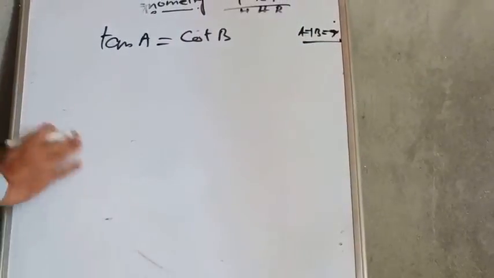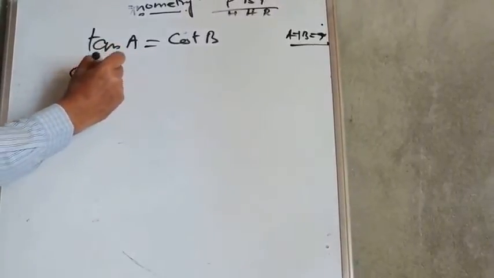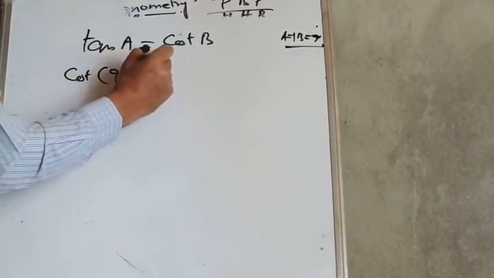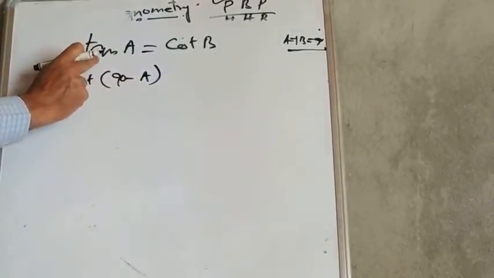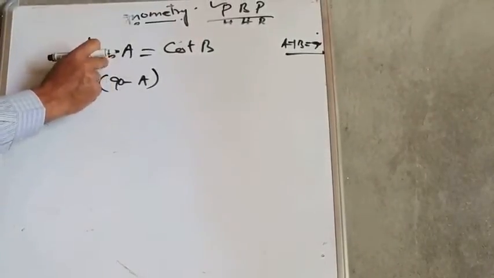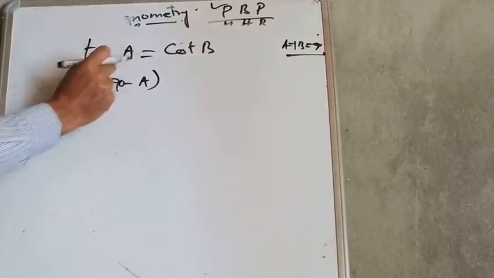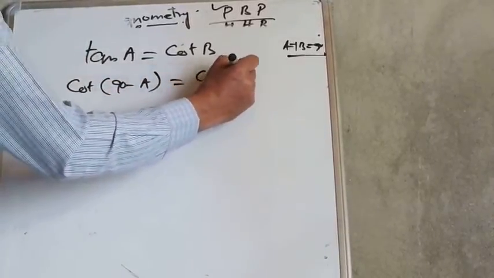Again, you will do the same thing. You will change one angle. This is cot of 90 minus A. So instead of tan A, we write its reciprocal, that is cot 90 minus theta. We know that cot 90 minus theta is tan theta. So instead of tan A, we write here cot 90 minus A is equal to cot of B.